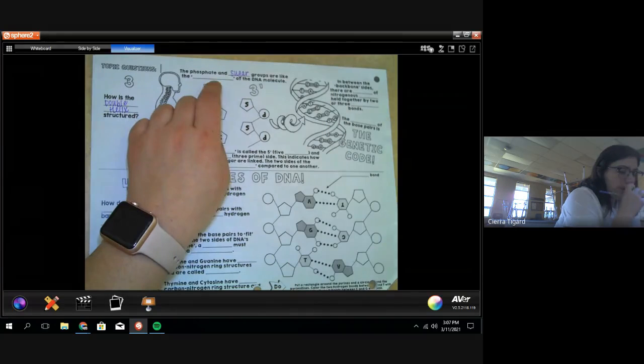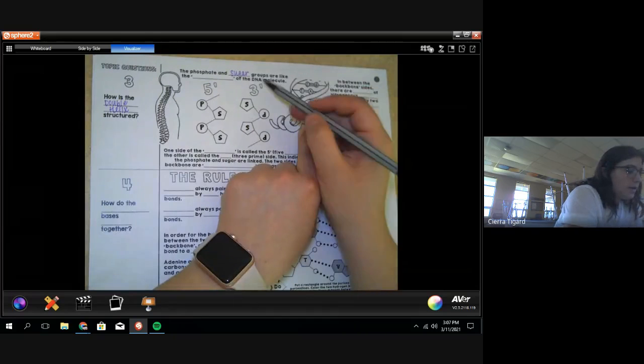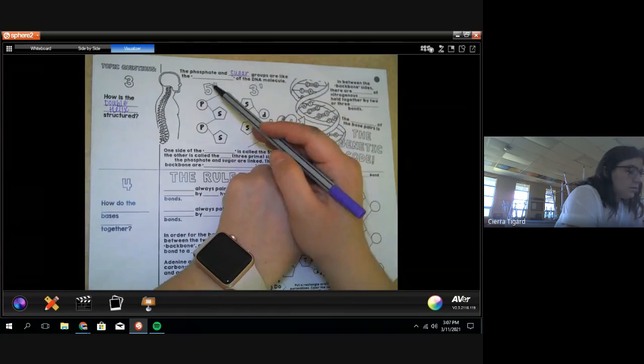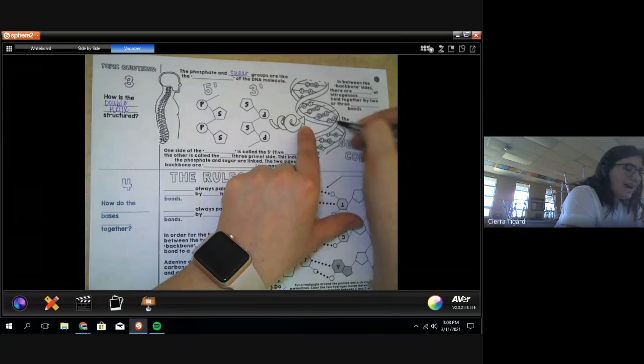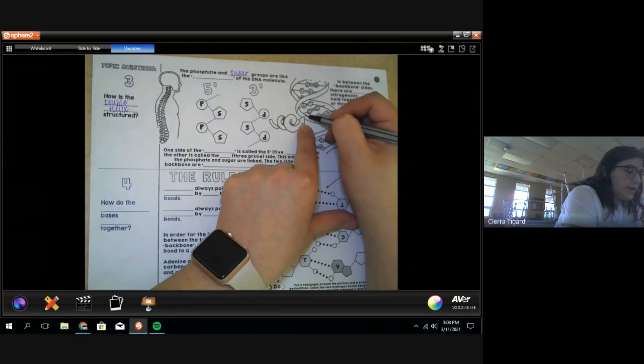So when we are looking at this double helix, we are going to be considering the outer poles of our ladder, which are curving. And we are considering this part right here. So all of this purple part. You don't have to do this.